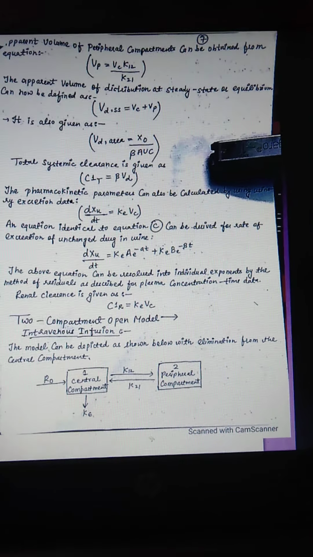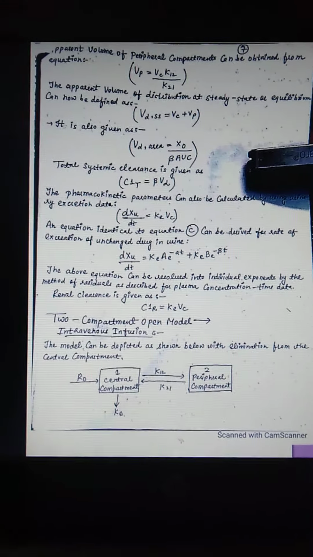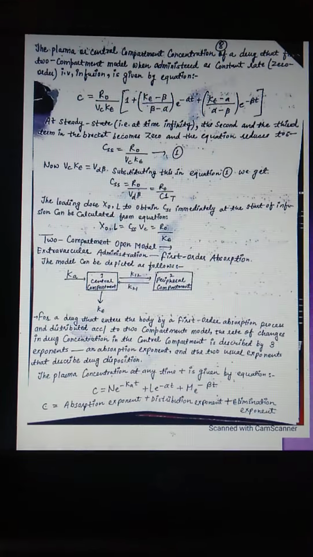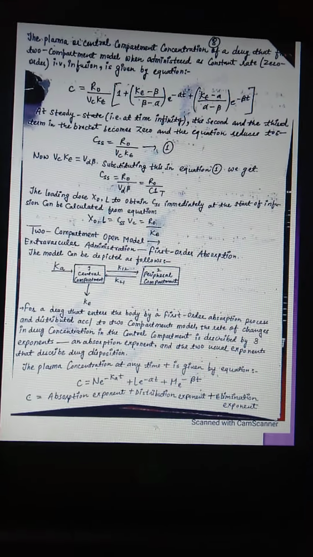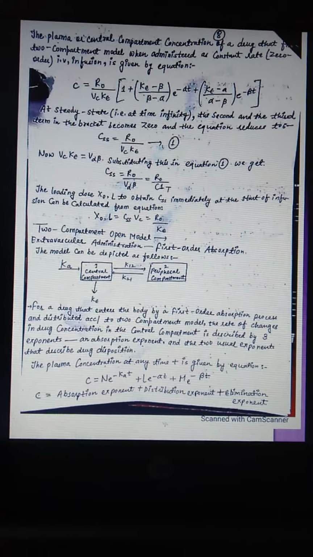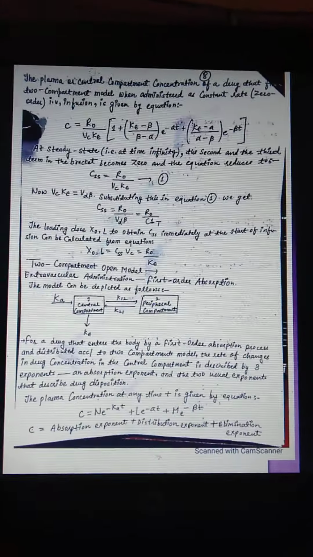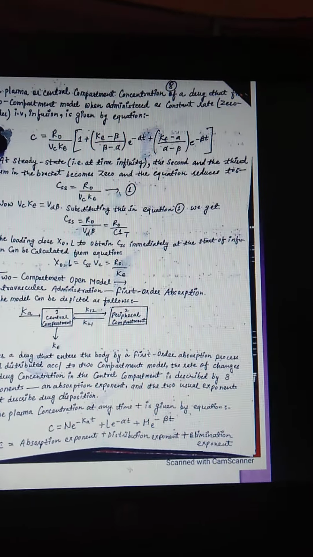In this, the plasma or central compartment concentration of a drug that fits the two compartment open model is given when administered at a constant rate, that is zero order, by IV infusion. When we write this equation, it becomes this, where C is equal to R naught over V.